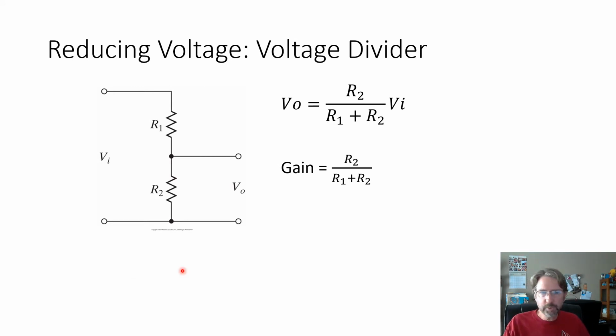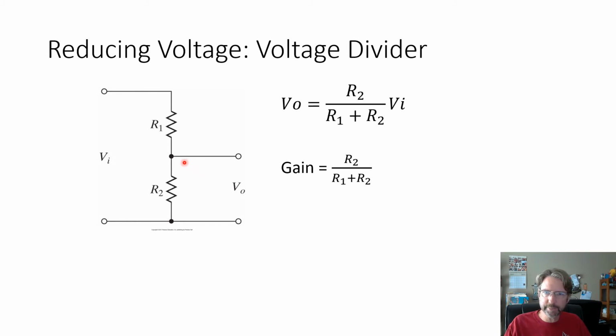So the most common way to reduce a voltage, if we want to make the output of our amplifier smaller than the input, is to use a voltage divider, because it just takes 2 resistors. It's really simple and easy to do. So we put 2 resistors in series, we run the input voltage through both of them, and we pull the middle out for our output voltage.